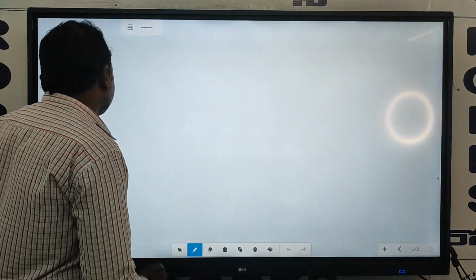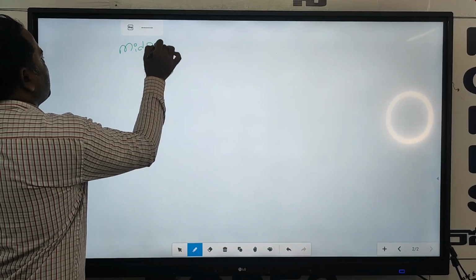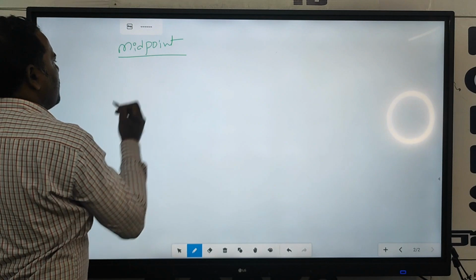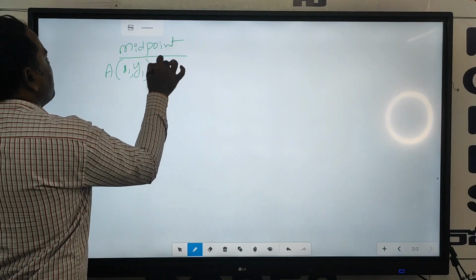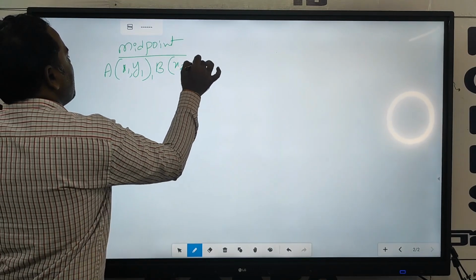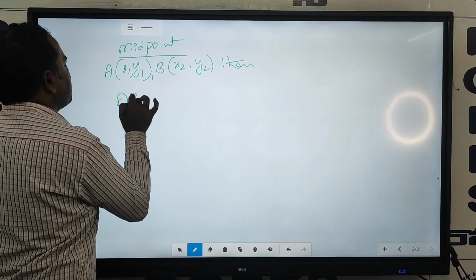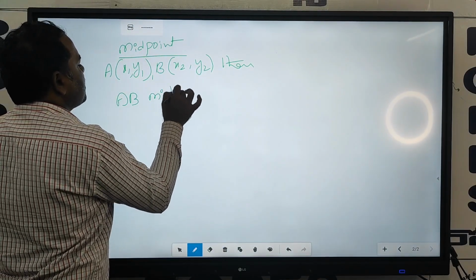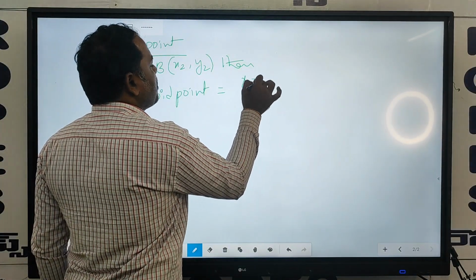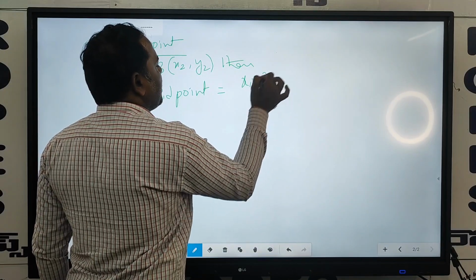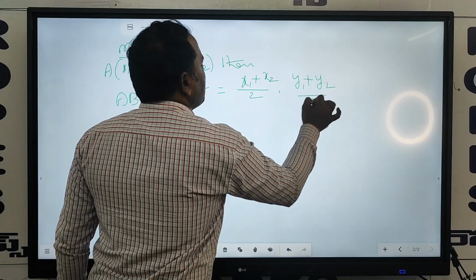Okay, next, see midpoint. See, A (x1, y1), B (x2, y2), then the AB midpoint is equal to (x1 plus x2) by 2 comma (y1 plus y2) by 2.